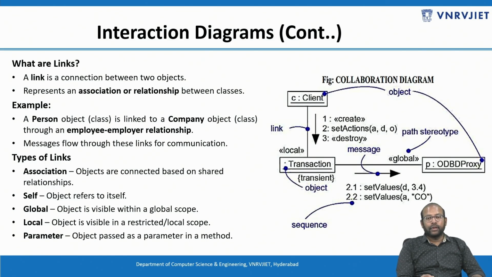Then the links you are showing in this particular category are called a collaboration diagram. A collaboration diagram focuses only on the flow of control by organization. You show how objects are connected, with the numbered order, and the stereotypes you are using. Create is a stereotype, global is another stereotype, and local. Why?